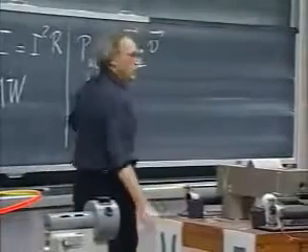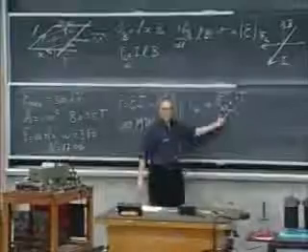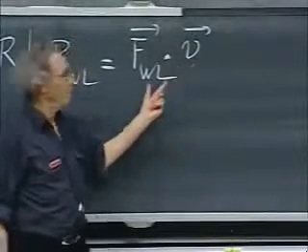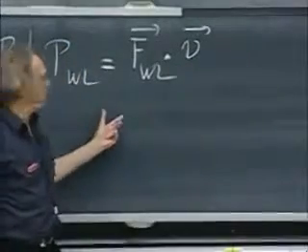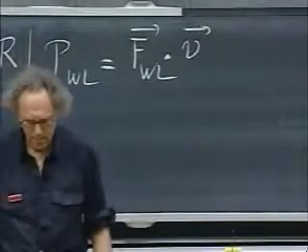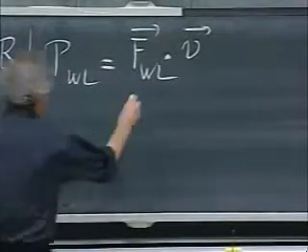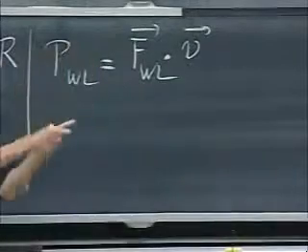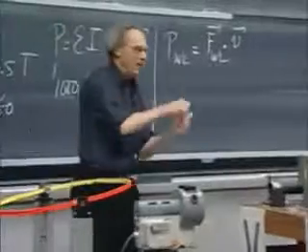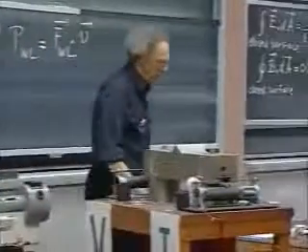The work that I do is force over a little element dx. But power is work per unit time, so the dx/dt becomes velocity. And my force and my velocity are always in the same direction. When I push, they are in this direction, and when I pull, they're in this direction. So I always do positive work.